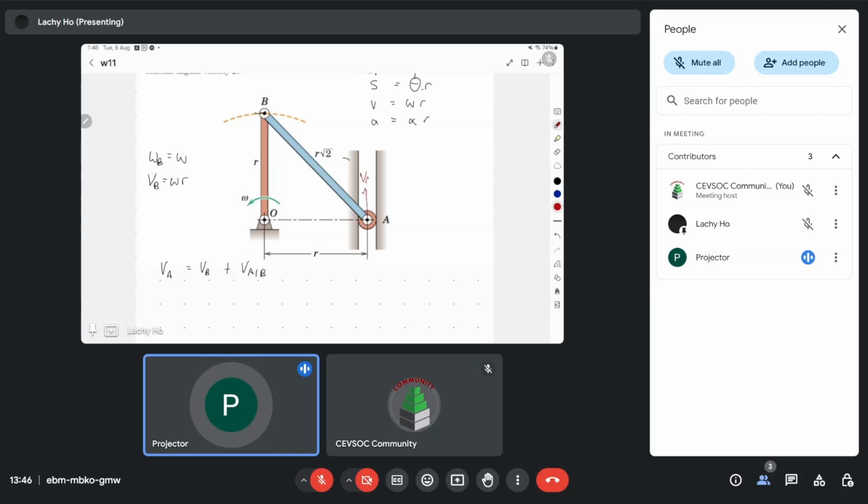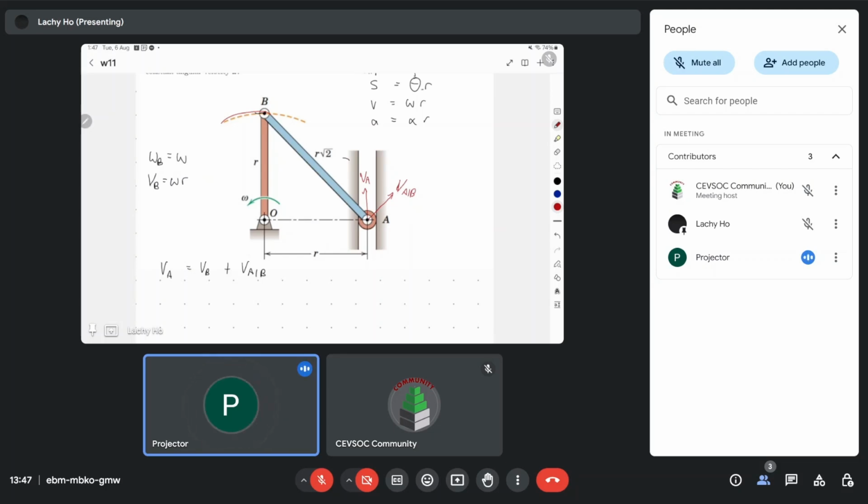Well, the velocity of A itself is just straight up, right? It has to go straight up along this item. And the velocity of A relative to B is the rotation itself. So as B rotates across, A has to rotate, well, because it's a stiff thing, it has to rotate in circular motion. So the velocity of A relative to B is in circular motion.